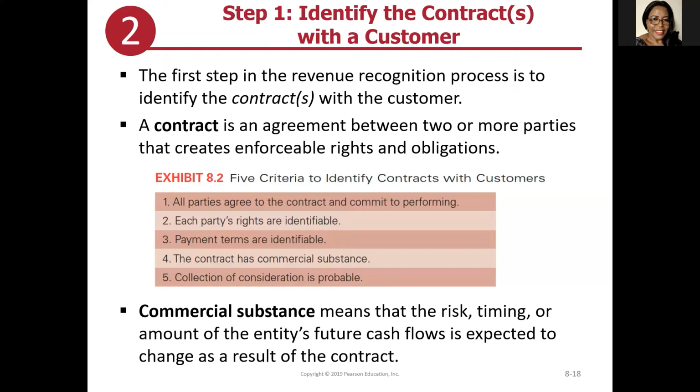For example, if the seller intends to offer a price concession, which is a reduction in the contract price, then the estimated transaction price will be less than the contract price. Commercial substance means that the risk, timing, or amount of the entity's future cash flows is expected to change as a result of the contract.